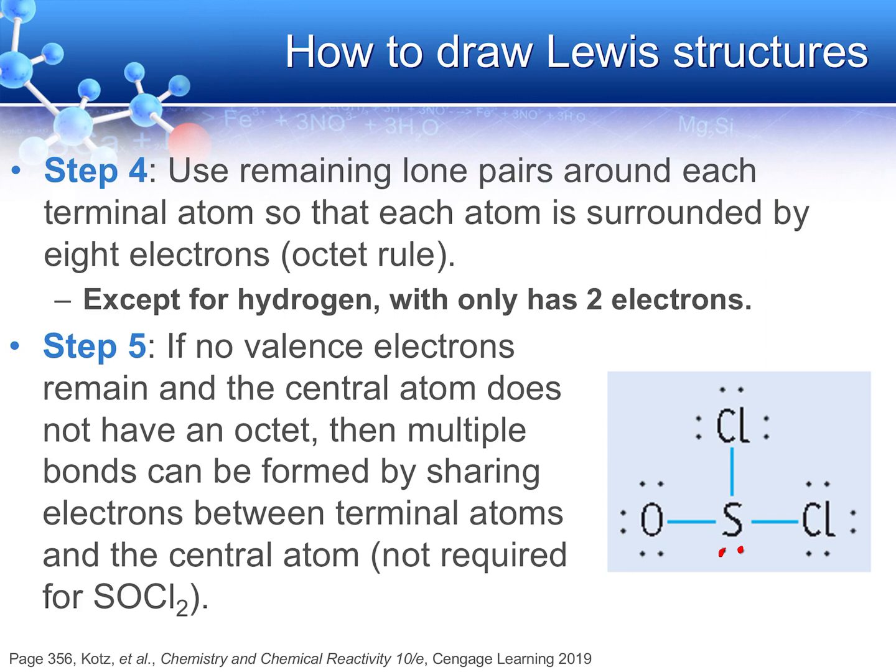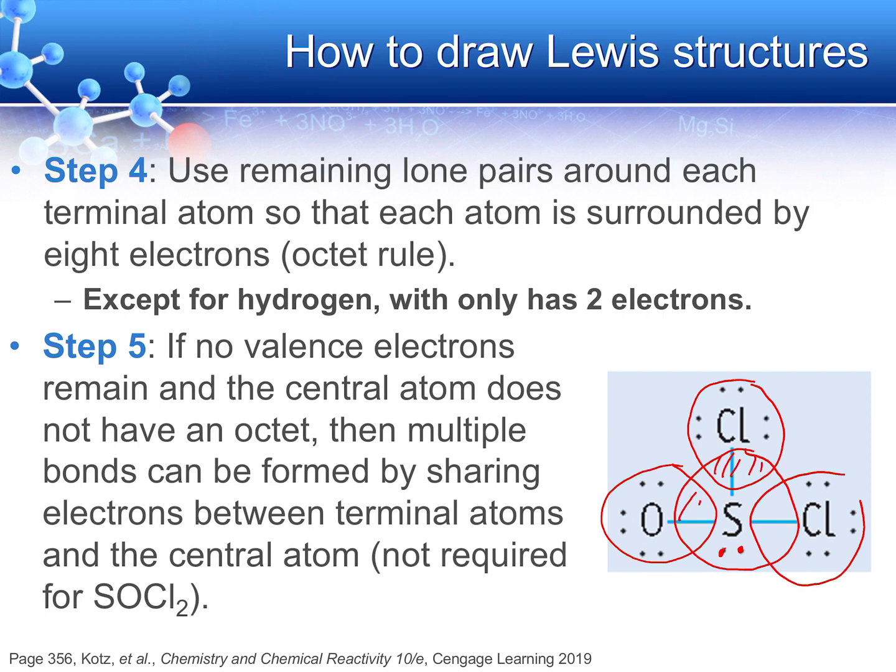And that means I can obey my octet rule. So again, if I put a circle around here, and a circle around here, and a circle around here. And now I'm going to put circles around my sulfurs, and again, where I've overlapped my circles, that's where the electrons are shared. Then I can see that I've obeyed the octet rule around each one of the atoms.